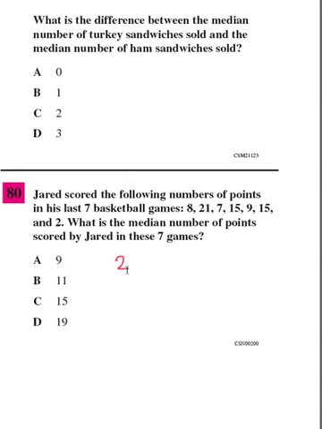We have 2, 2, 7, 8, 9, 15, and 21. 1, 2, 3, 4, 5, 6, 7. 7 games in order. The median is 9. The answer is A.